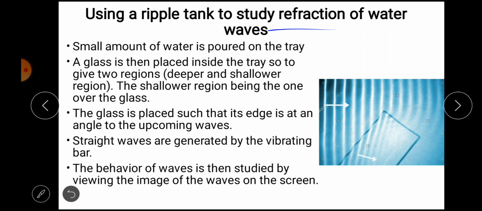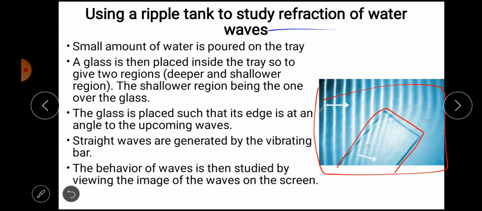So here, this is just a ripple tank. We only show the part, the tray, the water in the tray. In that part, we put a small glass. So here is this glass. This is the glass that we put inside the tray, so that it gives two regions. Remember that there was water inside the tray.